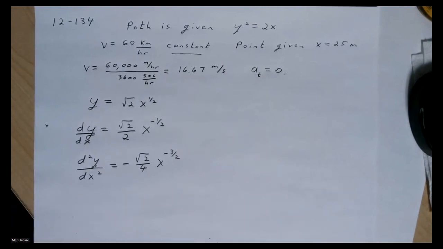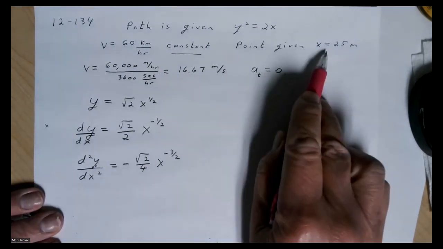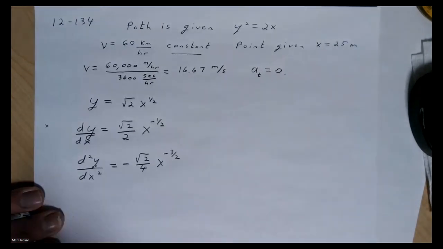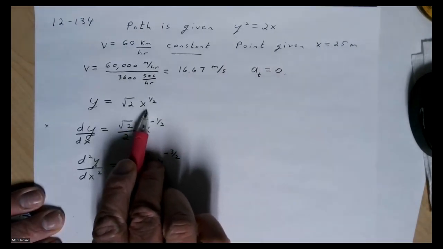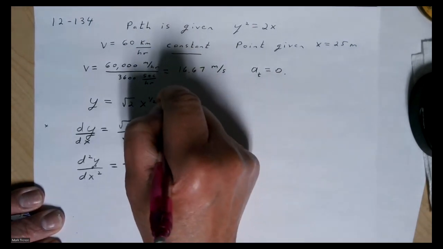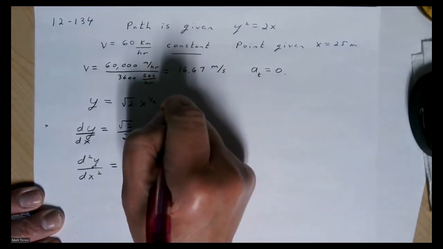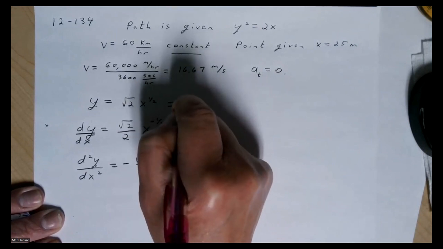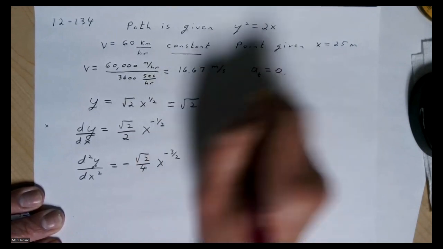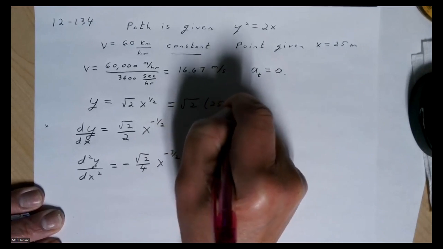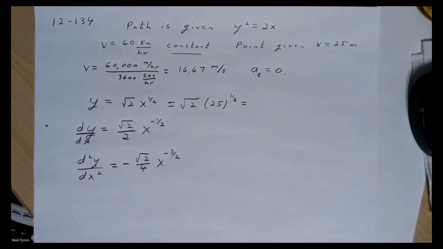So again, we can put this into our equation for the curvature, or we can just plug the x values in. Now, let me do that. I don't know if we actually even need the y value here, but let me just calculate it anyway. This is going to give us the y component of the point at which we want our information. And of course, that's just going to be the square root of 50, which is 5 times square root of 2.